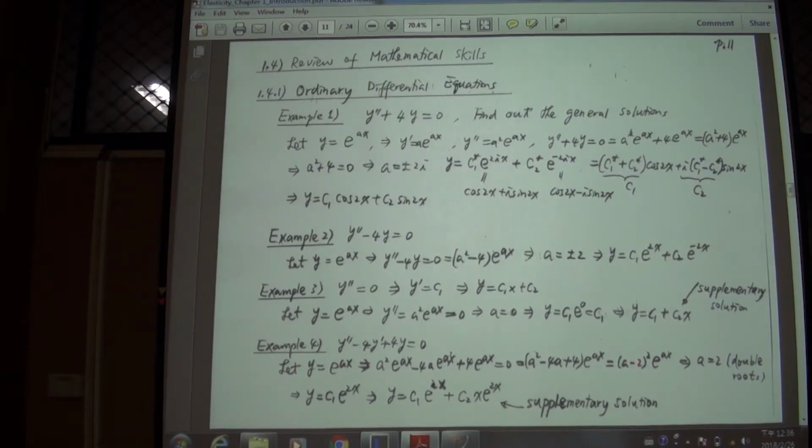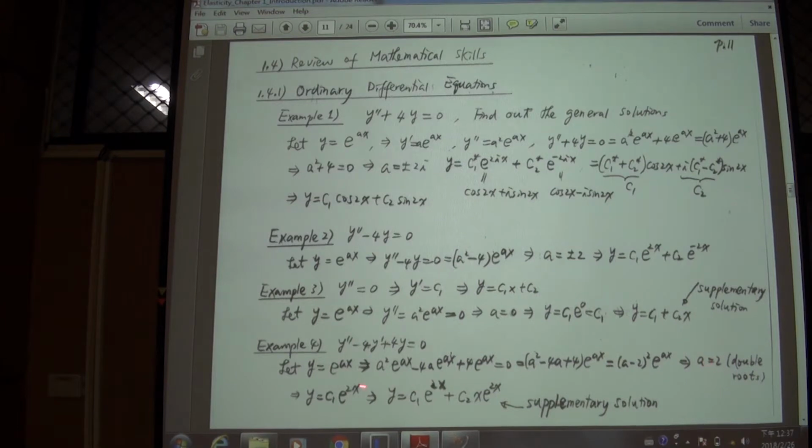But now we have a double root. We call this a double root because we have a square here, which means we can solve this equation twice, and every time we get the same root, a equals 2.